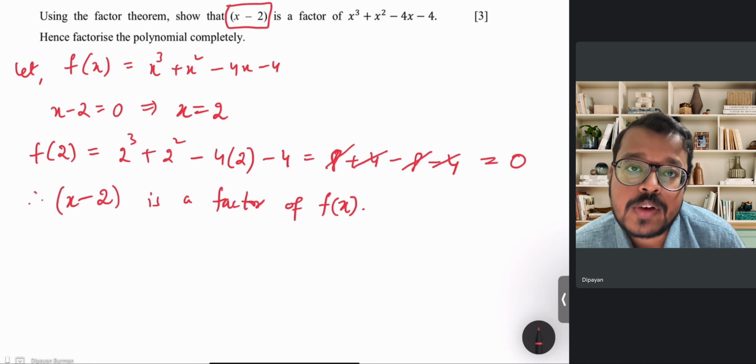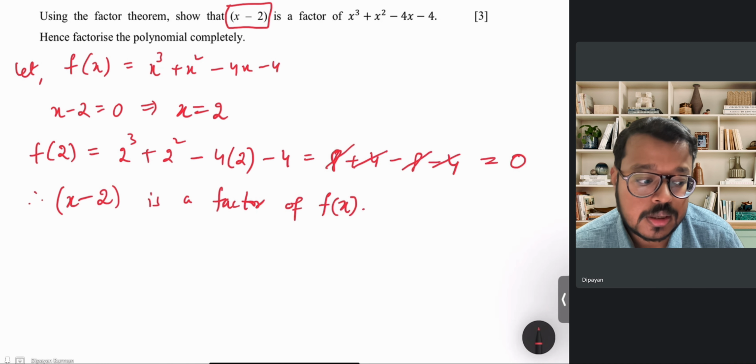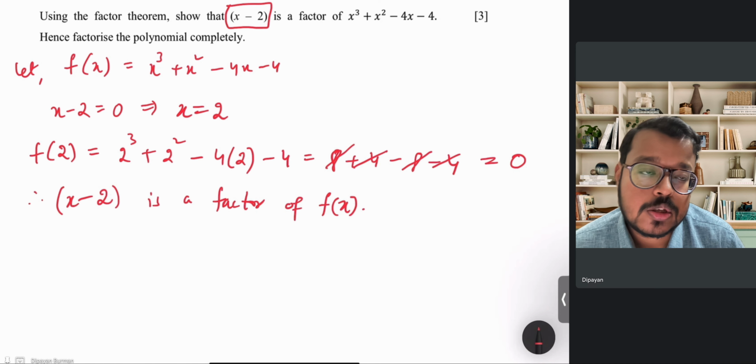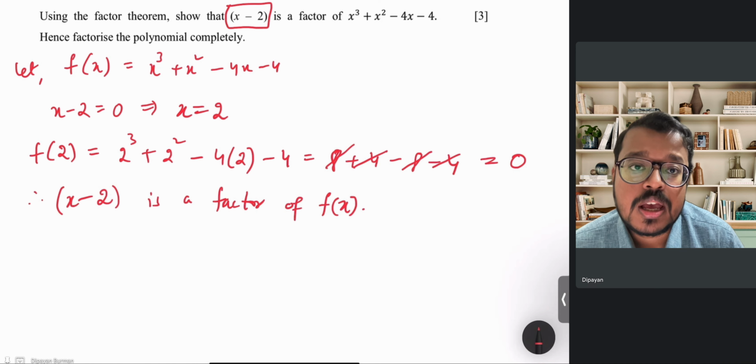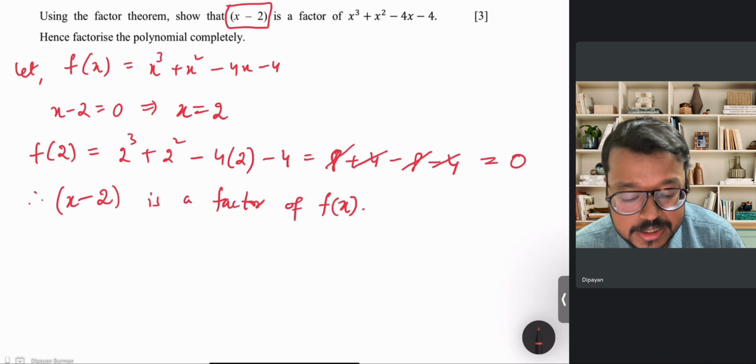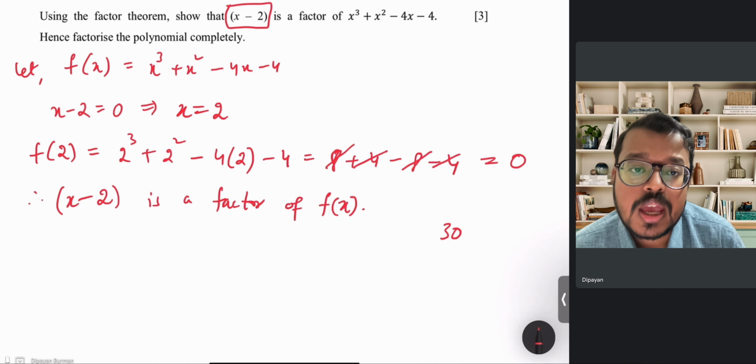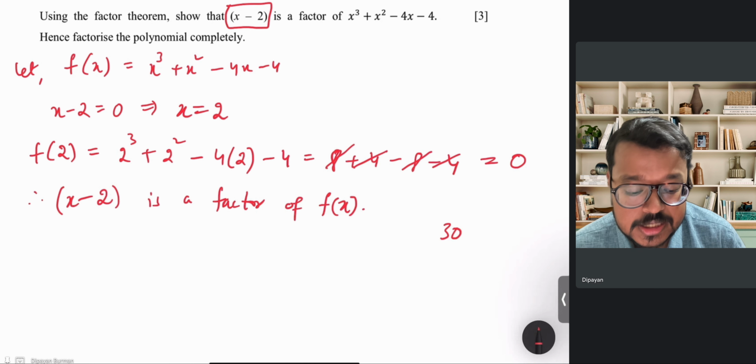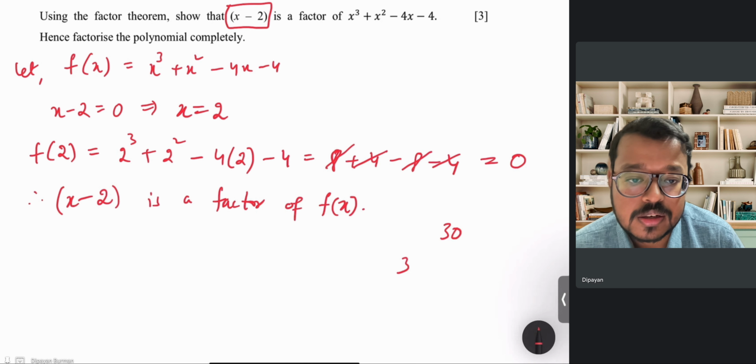Now that we have found out that x minus 2 is a factor of the cubic polynomial, if I want to factorize the cubic polynomial completely, I want to find the other factors. For example, if I had a number like 30, and let's say that I know that 3 is one factor of 30.